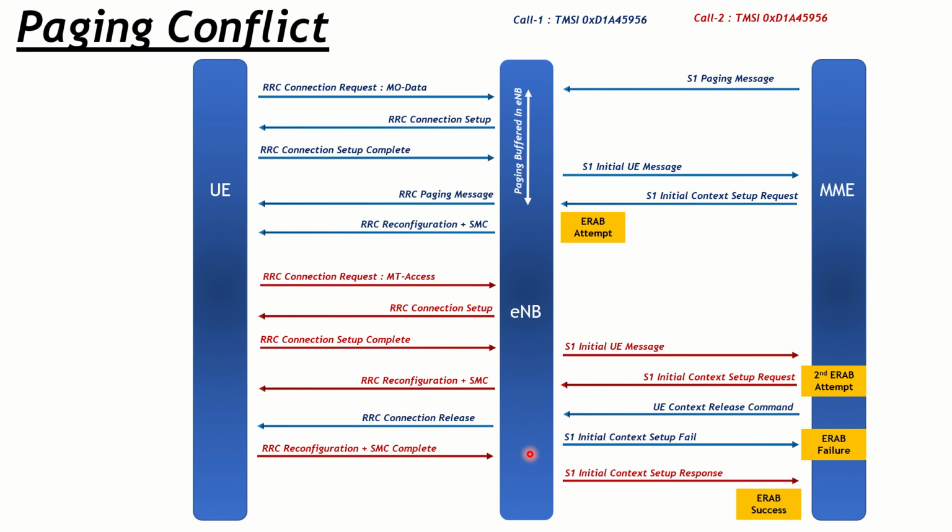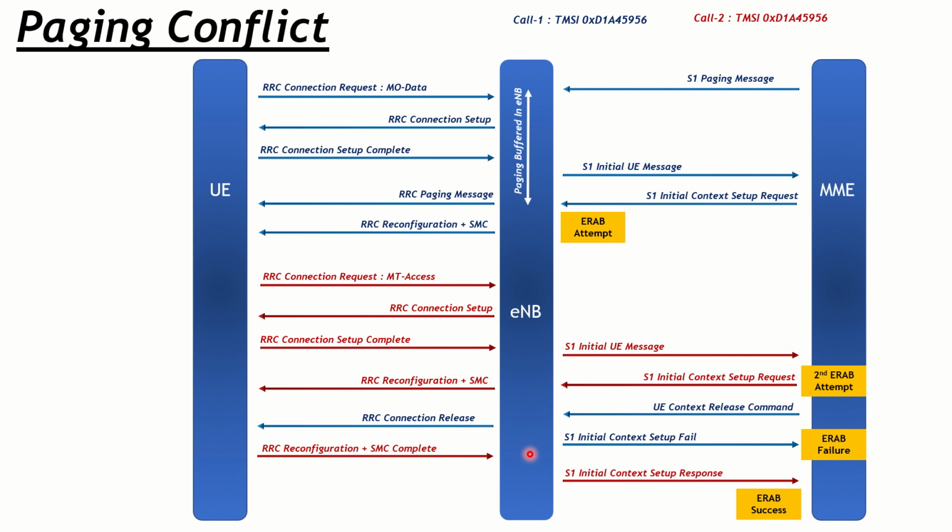So what's happened here is that due to paging conflict, we have created a scenario where the UE has initiated two calls on the same E node B, and the E node B is unaware that the two calls are for the same UE, and it releases the first call thinking that the MME has sent an ERAB setup failure, and it will continue to proceed to set up the second call.